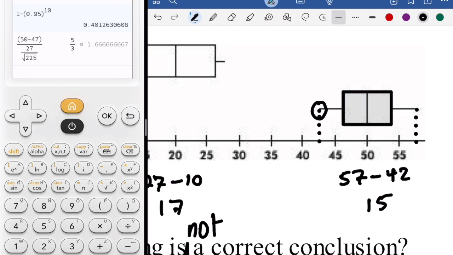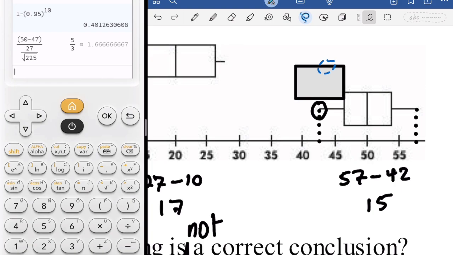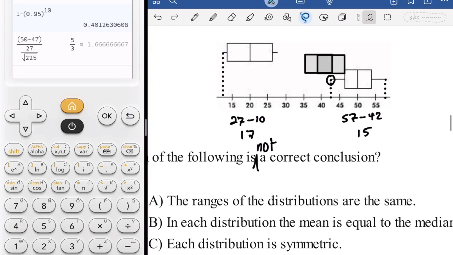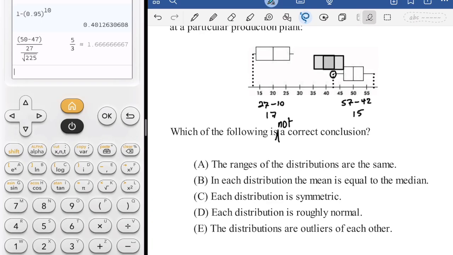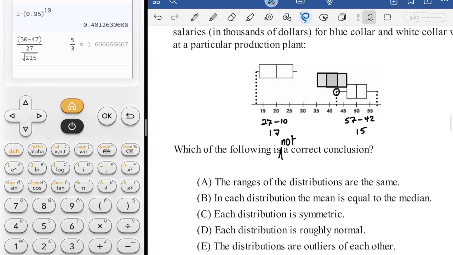This is my IQR. Let me try it a different way here. So that's one IQR below the lower quartile, and that would be another half an IQR. So it's really not so much that they're outliers of each other. It's just that the lower data set is an outlier of the upper data set.